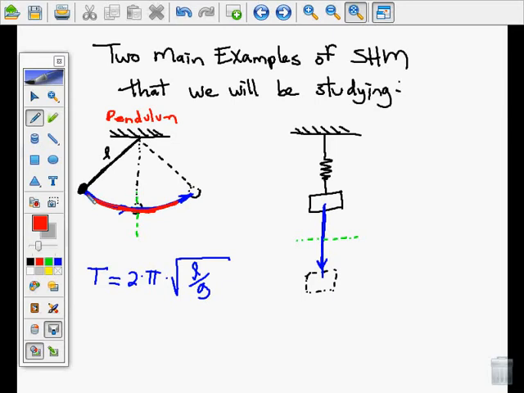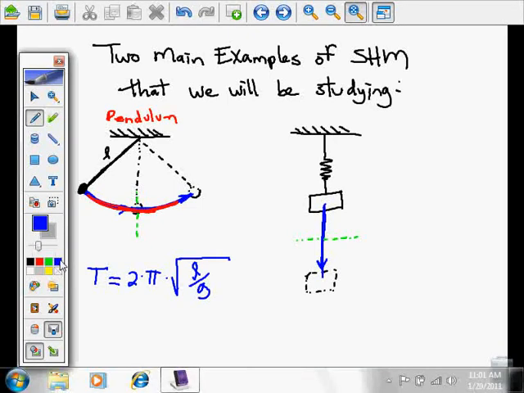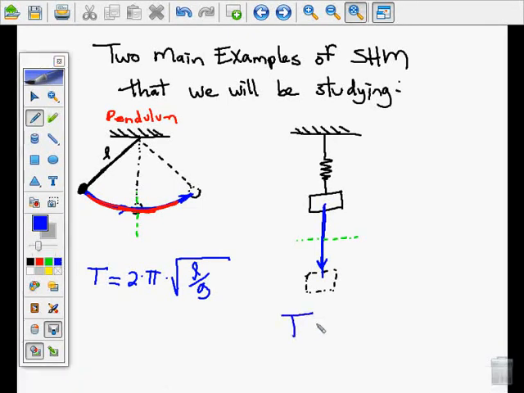With the vibrating spring going up and down, the period over there depends on 2 times pi times the square root of the mass of the bob. So this time mass is a factor.